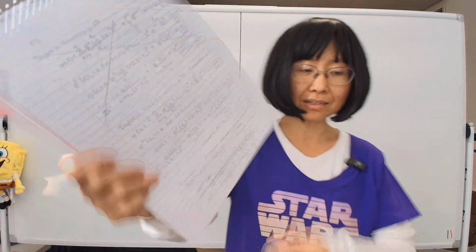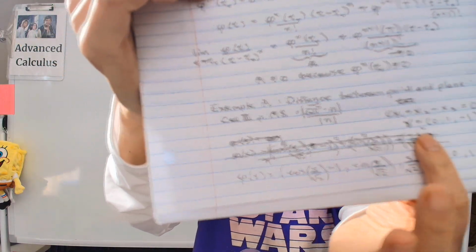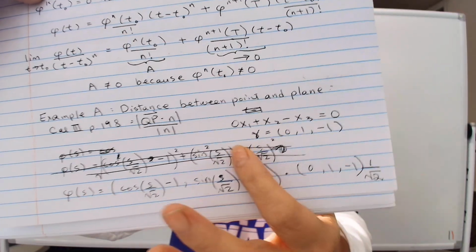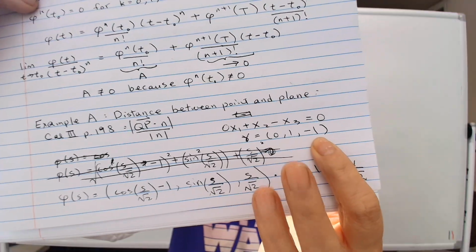If you write it in the standard form, that would be 0·x1 plus x2 minus x3 equal to 0, which means the plane's normal is (0, 1, -1).